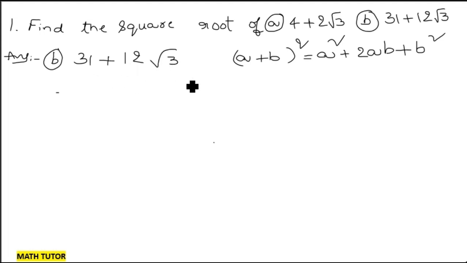The second question we should also do in the same way, where we have to find A and B. Okay, so how can we write 31 here in the form of A square? We have to split, or can we go ahead? Let us see.